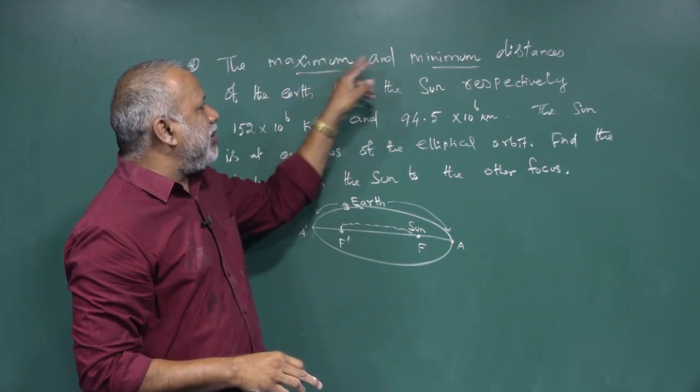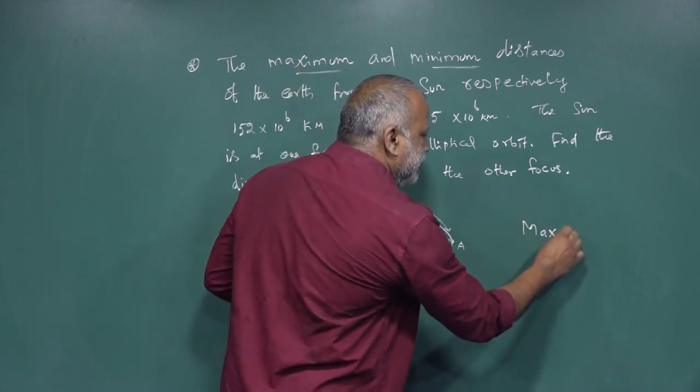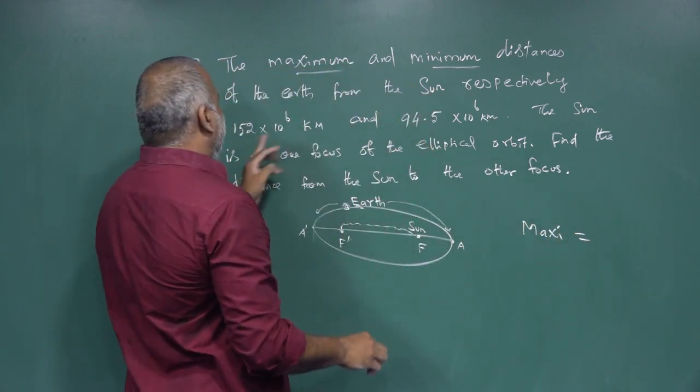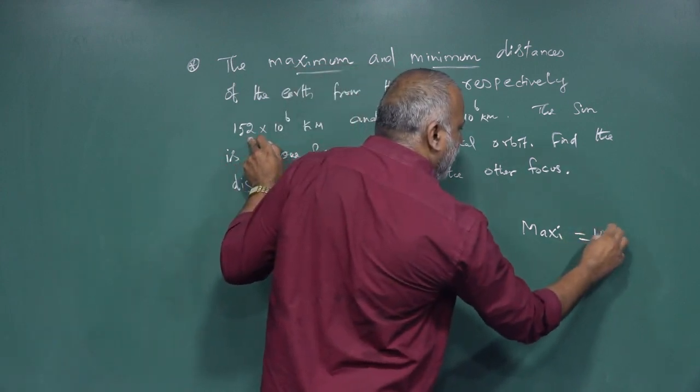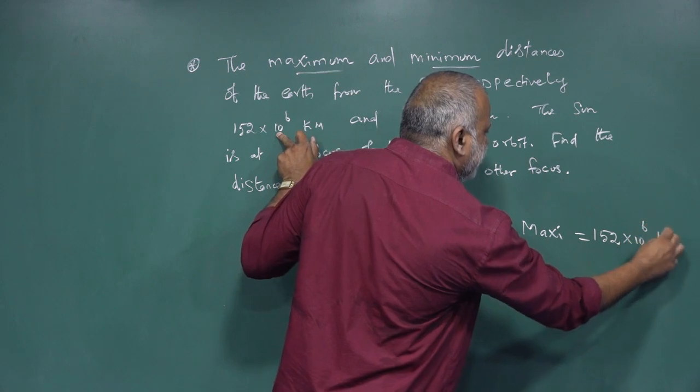One is the maximum distance, this is the given data. The maximum distance is 152 into 10 to the power 6 kilometers.